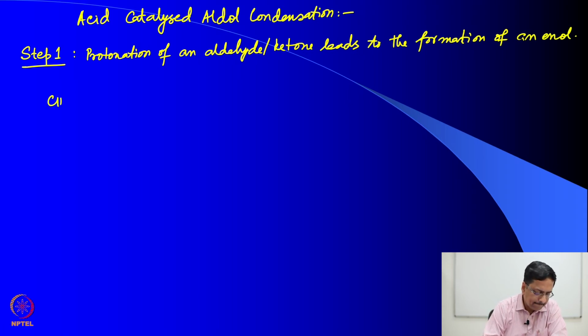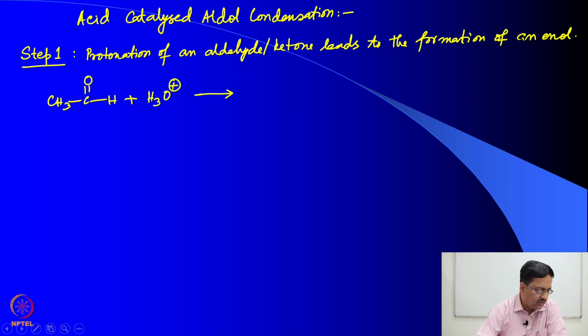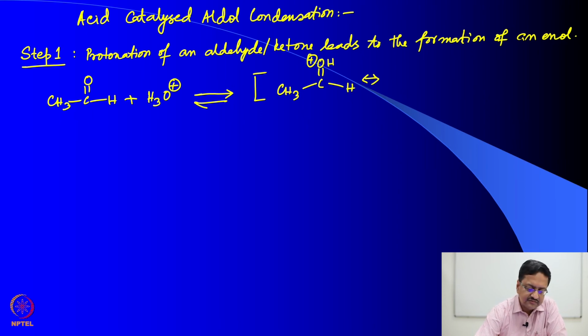Again we take the example of acetaldehyde and treat this with acidic solution, H3O plus. What we get in equilibrium is this one, which essentially has a resonating structure as I am drawing here.